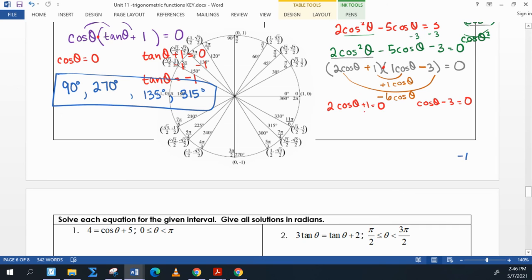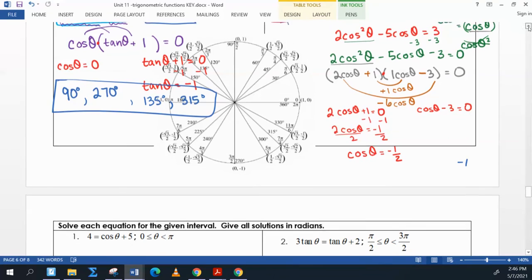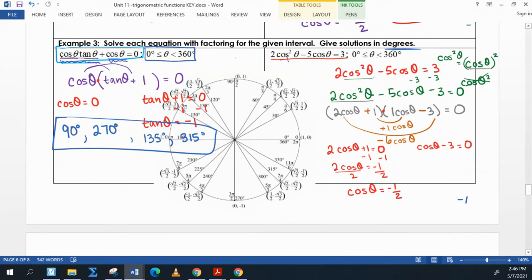So let's look at solving this one. We subtract 1 from both sides. I have 2 times the cosine of theta is equal to negative 1. Divide by 2. So I am looking to see where the cosine of my angle is negative 1/2. Let's finish out this one before we go over here. Look on your unit circle, and I'm going to scroll up a little because I forgot about my interval.